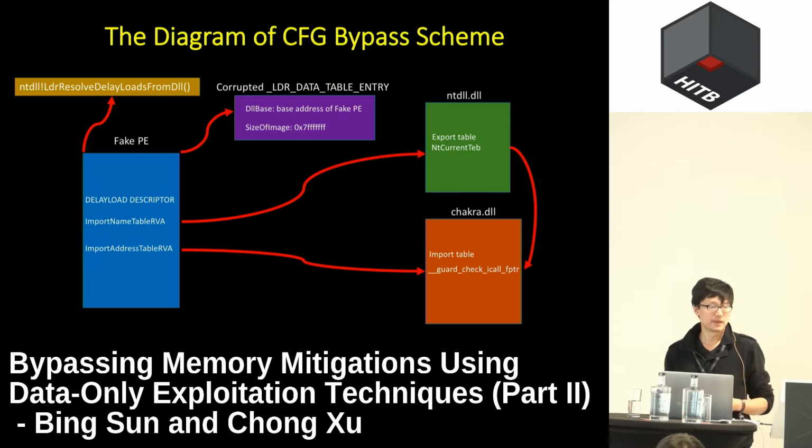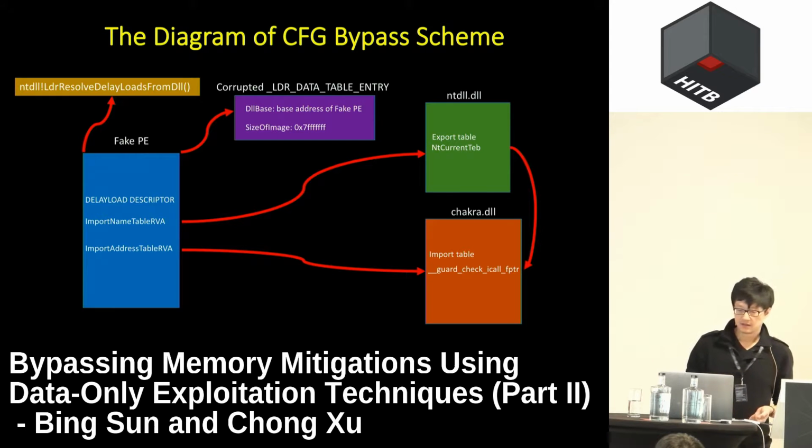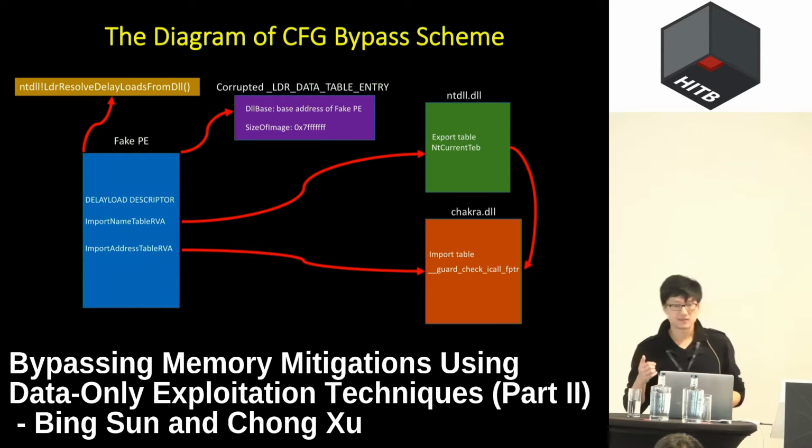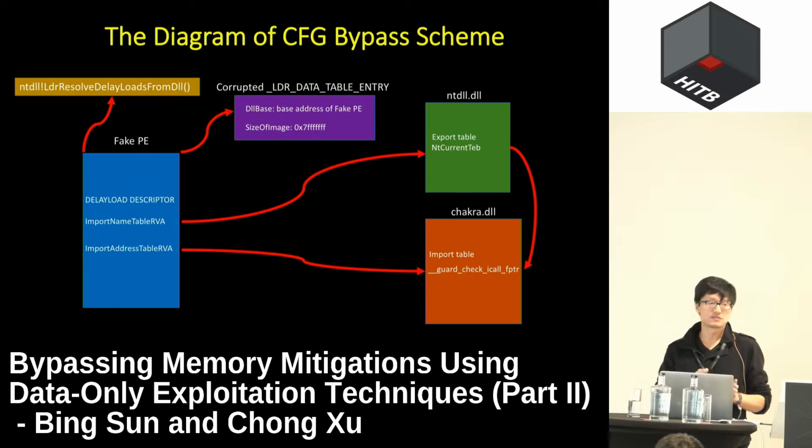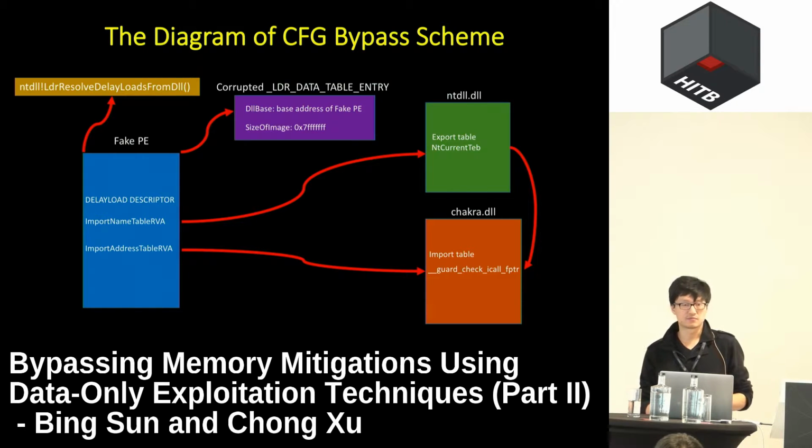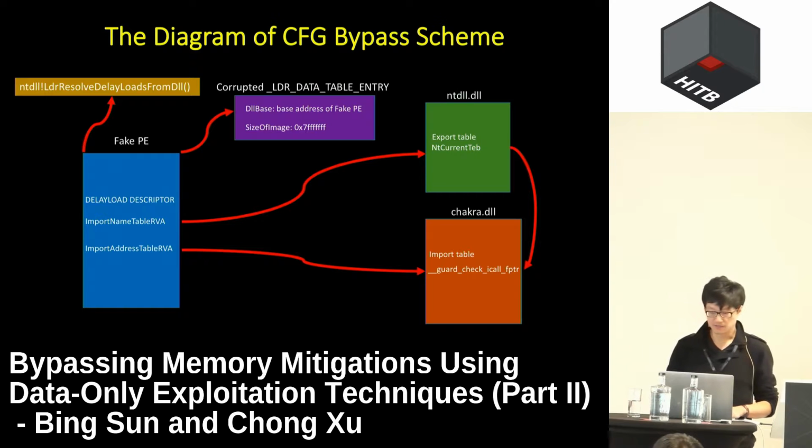It's big enough to pass the range check. By the way, the loader data table can easily be located as long as you know the base address of ntdll, and it's not protected from write. So you can insert a new entry, or you can modify an existing entry, whatever.